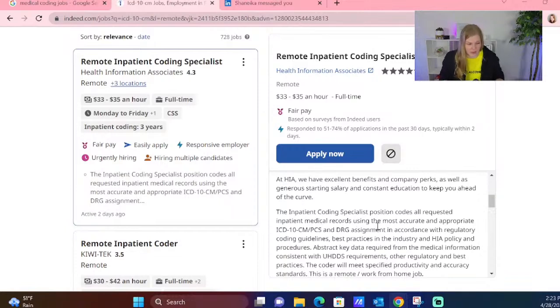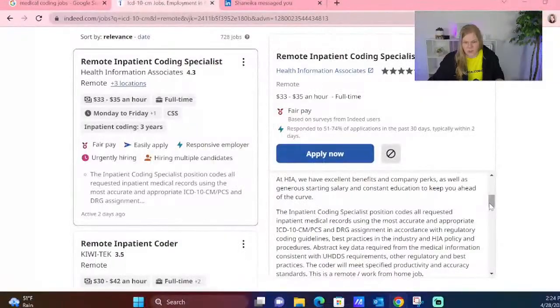Those are some key things here. So if you're trained in your CPC and you don't know PCS coding, this is not going to be a good fit for you, because they need someone who does PCS coding. They need someone who knows how to assign an MS-DRG. And it goes on: abstract key data required from medical information.